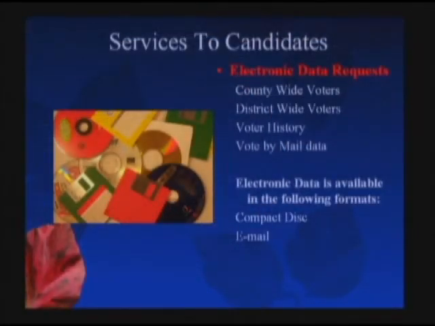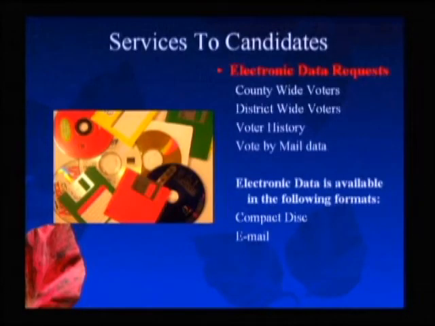One of the other ways that some campaigns will get their data is through electronic files, data files. Those run pretty much the same cost, except for the vote by mail voters. I have to really concentrate on not saying absentee voters because they've changed the terminology on us.